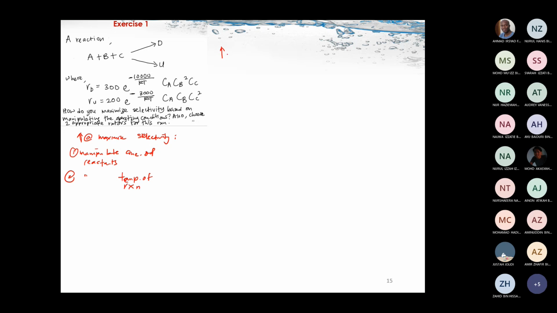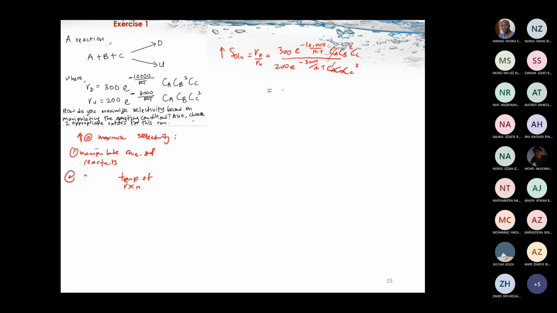Okay, then to increase the SDU, RD over RU is equal to 300 e to the power of negative 10,000 over RT CA CB squared CC over 200 e to the power of negative 3,000 over RT CA CB CC squared. Okay, so you just simplifykan dia in terms of the CA dengan CB ni.